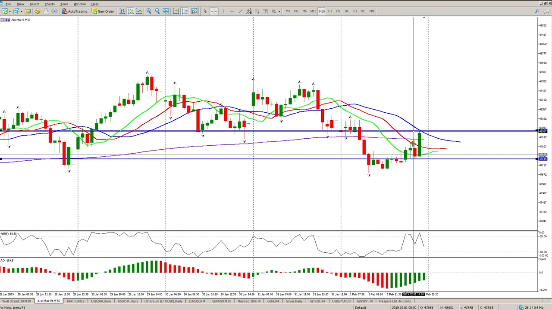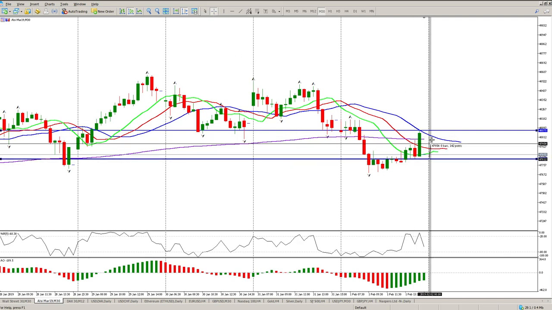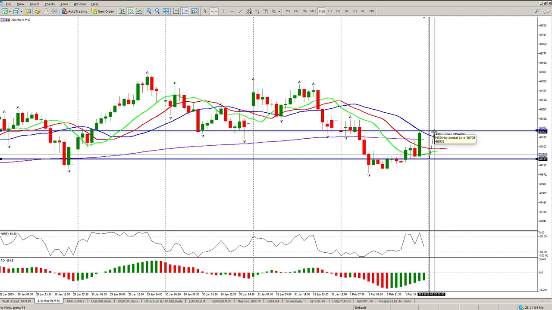And the height of the range is probably a couple hundred points, but well, it's not too shabby. It's 200, let's call it 250 points. So you've got a potential 250 point trade on a break up or a break down.